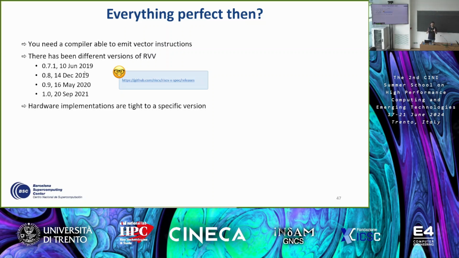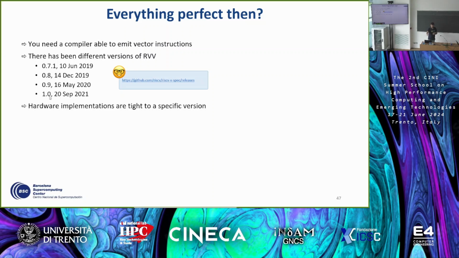So now we have to update our hardware to follow version 1.0. Bad news, we have to throw away a lot of work and update it. Well, not throw away. But the good news is that version 1.0 has been ratified and should be stable for the next years.